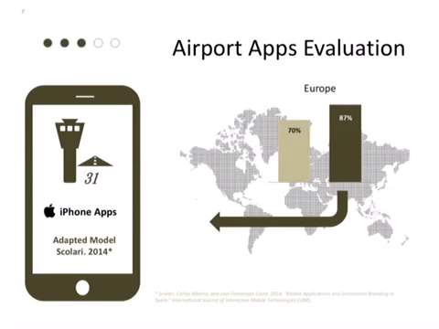In order to get a more homogeneous geographical region, we took airports from Europe and we evaluated 31 iPhone applications. The iPhone application was chosen because certain information was already available there, which was not the case for the other mobile services.